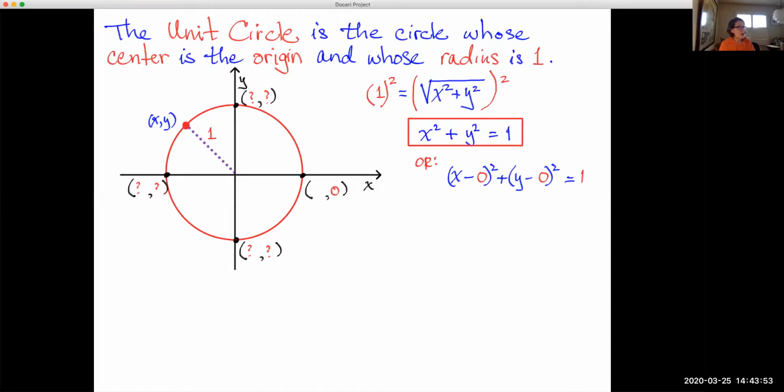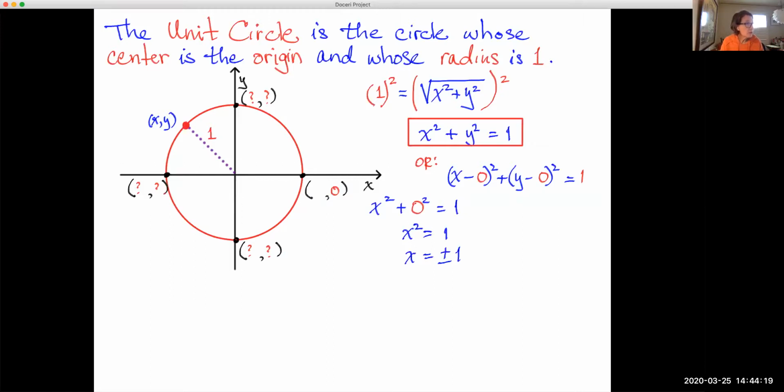For the one on the positive x-axis, we know the y coordinate has to be 0 because it's lying on the x-axis. And we know that x squared plus 0 squared has to be 1. So x squared is 1. If x squared is 1, then x is either positive or negative 1, right?